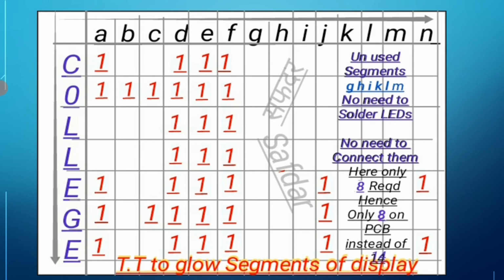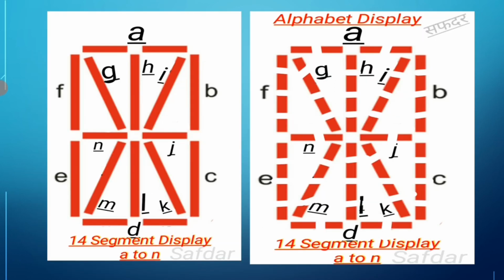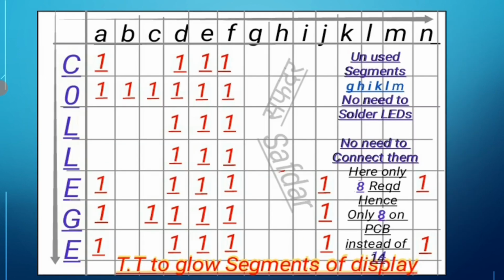For example, for the word college, for C, A, F, E, D should glow, and all the remaining should be off. Hence you are seeing A, D, E, F only high, remaining all are low.